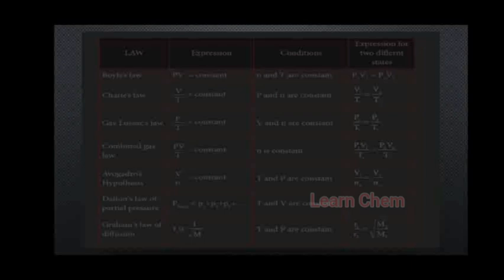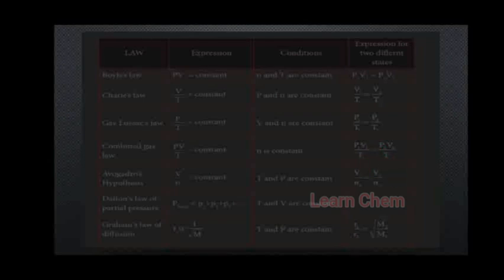If we combine these three gaseous laws, Boyle's law, Charles law and Gay-Lussac law, we have the ideal gas equation, that is PV is equal to nRT, or PV by T is equal to constant if n is a constant. For different states, P1 V1 by T1 is equal to P2 V2 by T2.